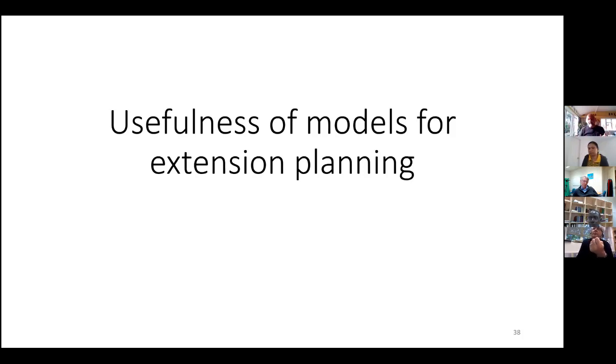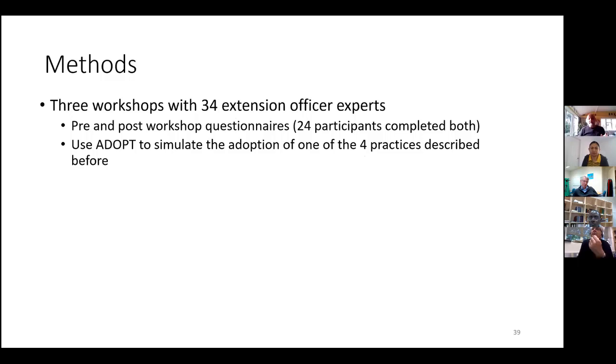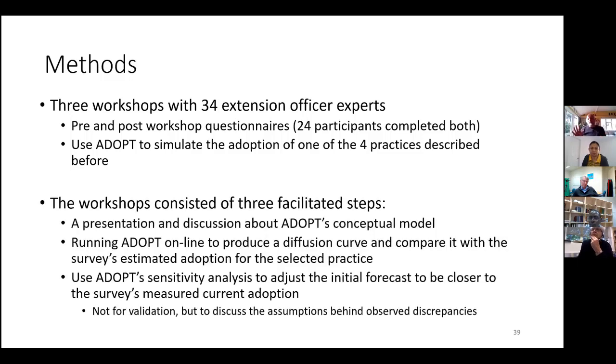In this case, there were three components of the model that were tested separately. First there were 3 workshops. People only participated in one, because they were in 3 different locations, so there was no repetition, but in the end there were 34 extension officers.